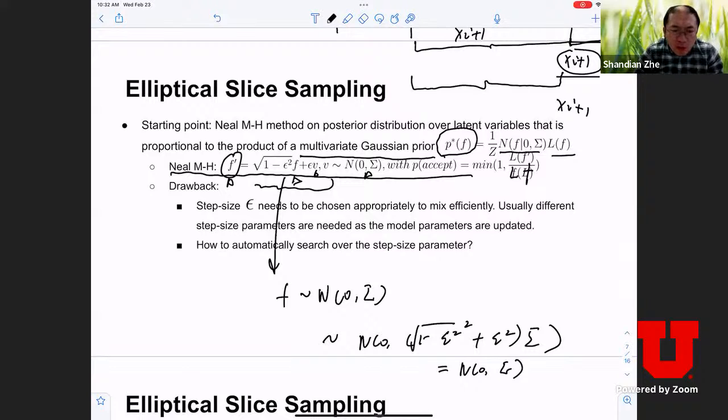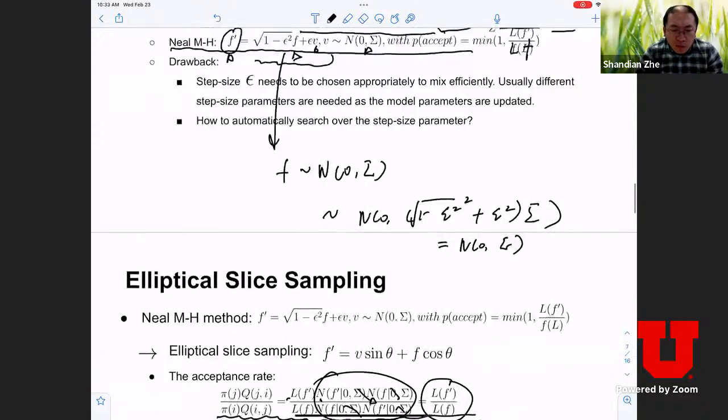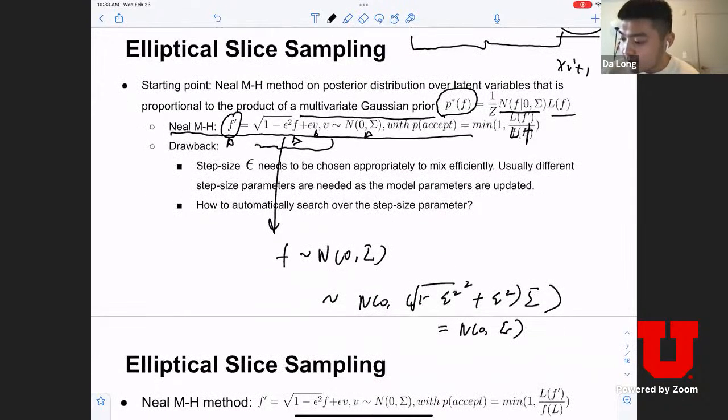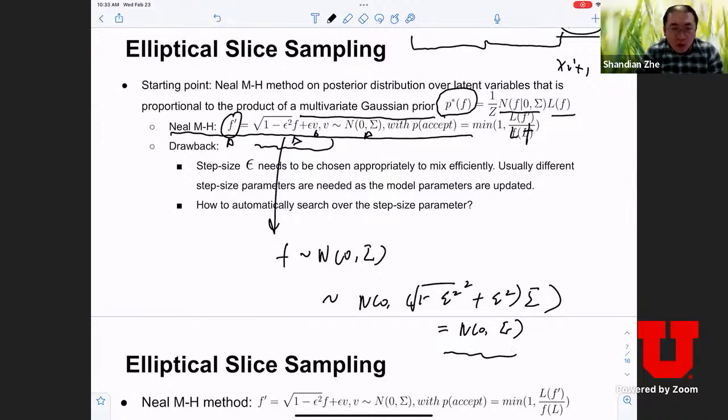Here you should get P of V and then, no, it's P of F times P of F prime given F, right? Yeah, you can do it that way, but I think I can also add them together and use this distribution.